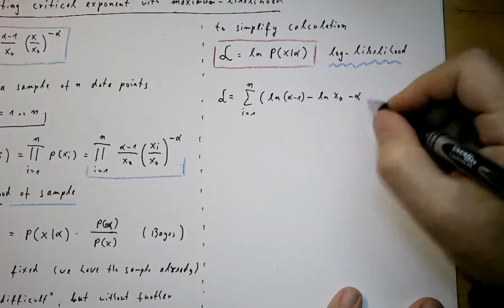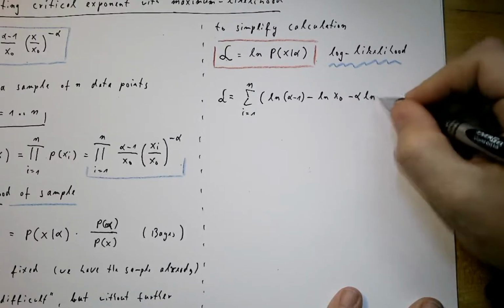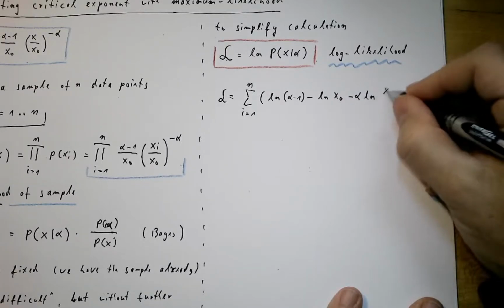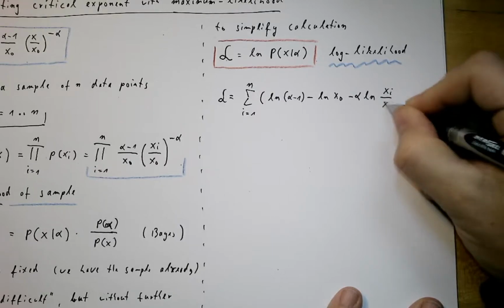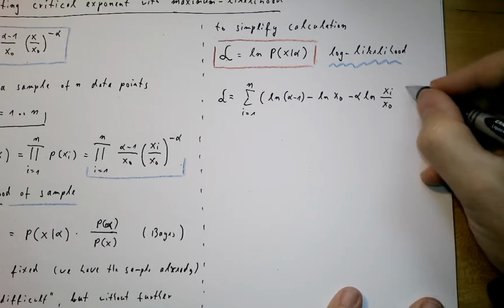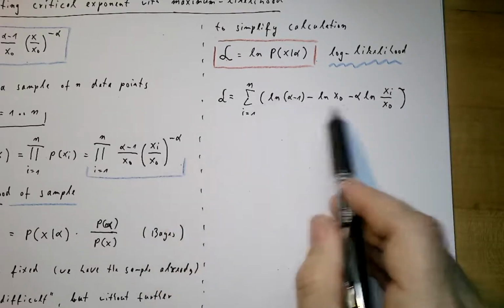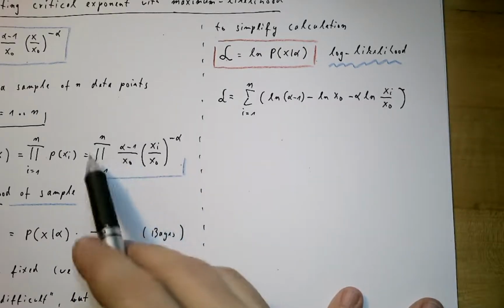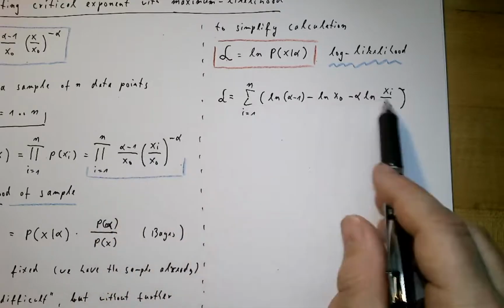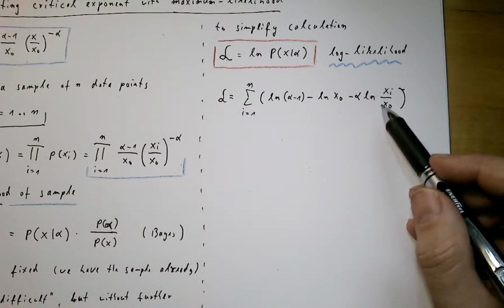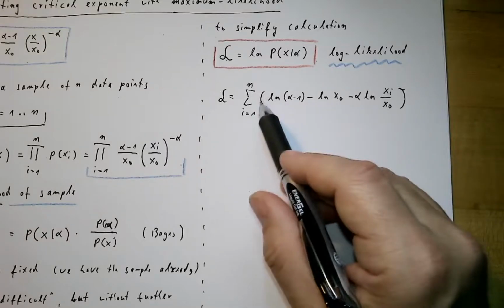So the power is minus alpha, times the logarithm of x_i over x naught, and then we close the parentheses. Yeah? So what we've done here is we have taken the logarithm, and the product is modified into a sum.